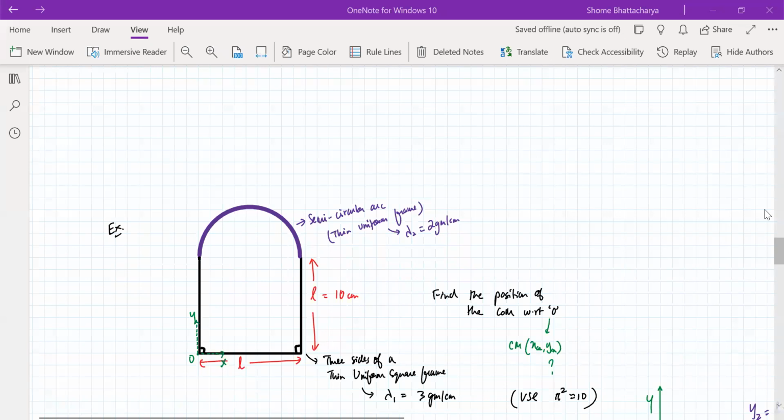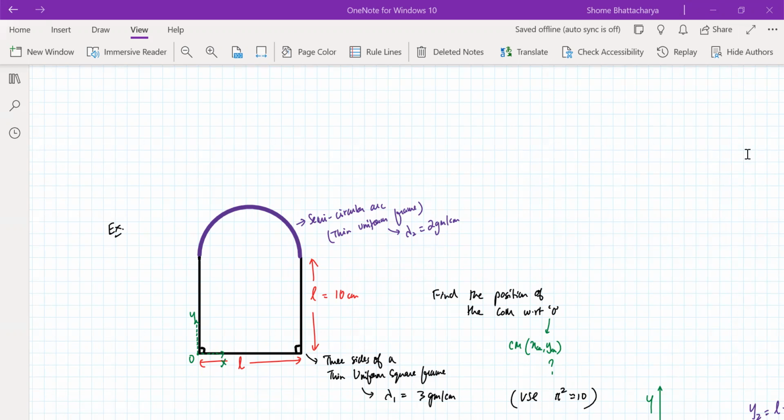All right, so now, this is the question coming up. This is the diagram given for the question. We have a structure like a frame that consists of three sides of a square frame of dimension 10 centimeter by 10 centimeter, and the fourth horizontal side on top is missing, and in place of that we put a semicircular arc.